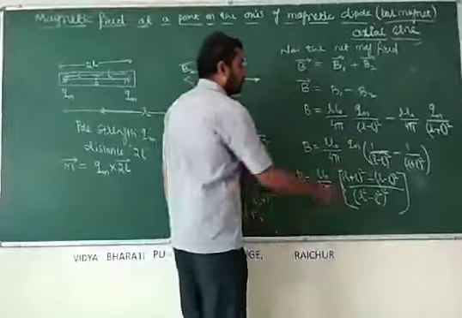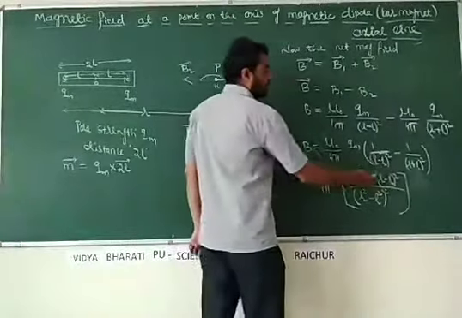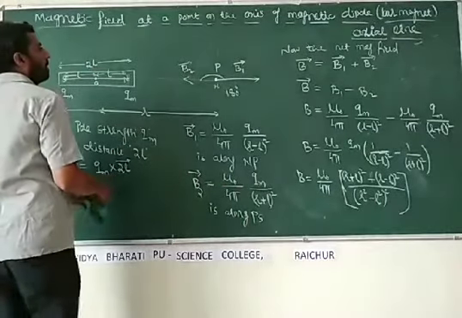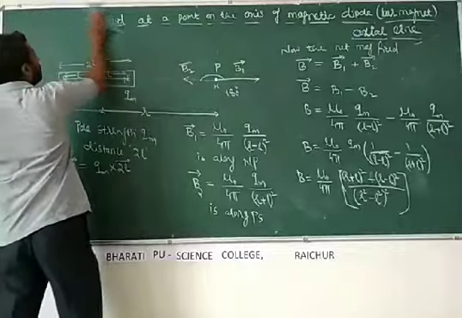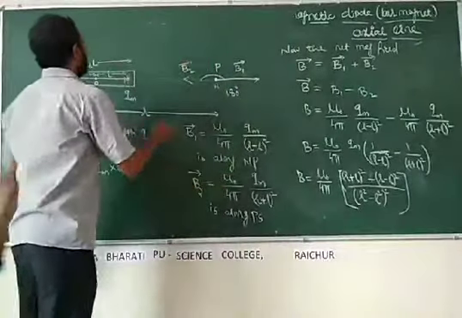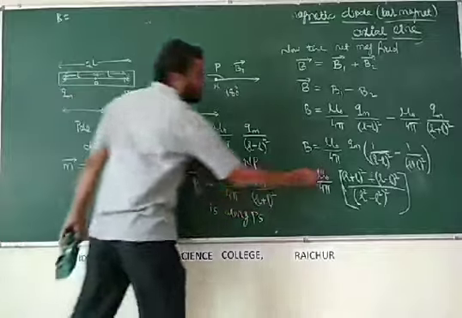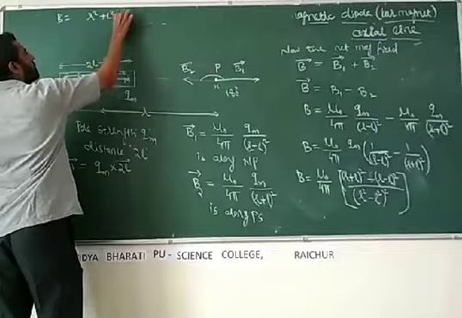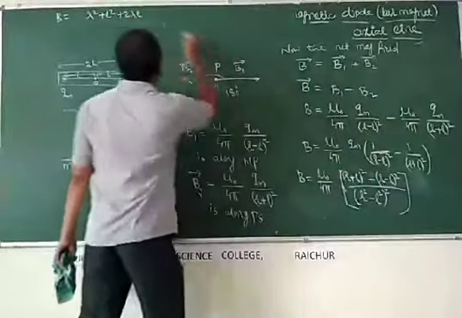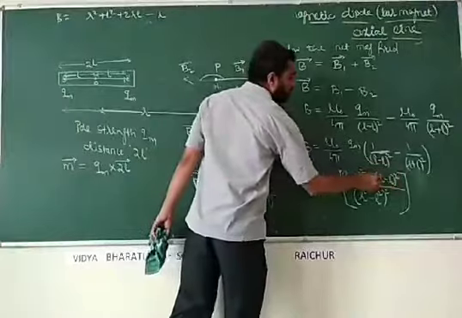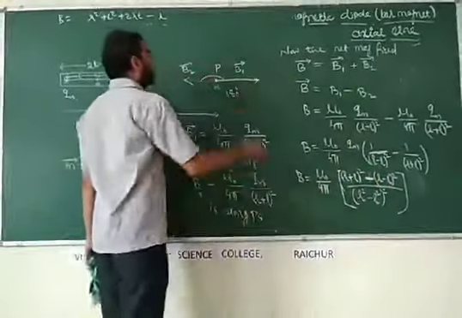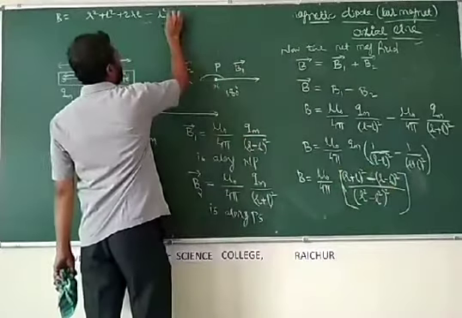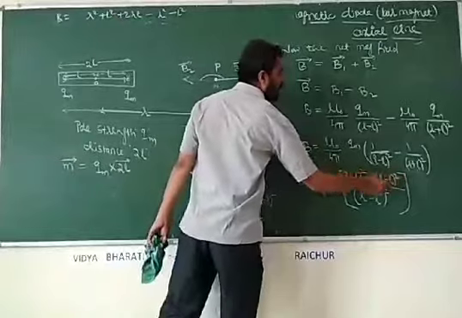To do that, the numerator also we can simplify. On simplifying, we will get r square plus l square plus 2rl, minus the (a minus b) whole square form, r square plus l square minus 2rl.